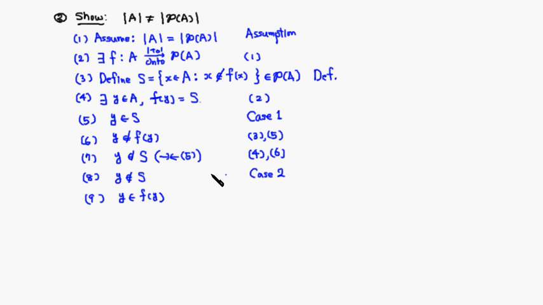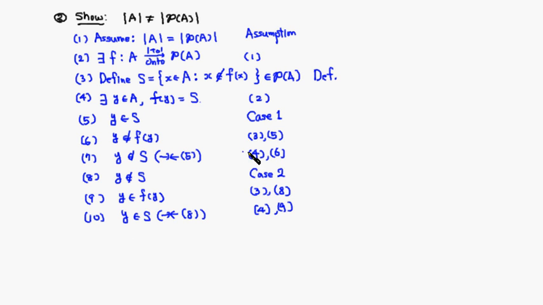Line 9: this comes from definition 3 combined with line number 8. But remember that f of y from line 4, combined with line 9, is the same set as S. So line 10: y is actually in S, which is again a contradiction, because case 2 is y is not in S, so it contradicts line number 8.